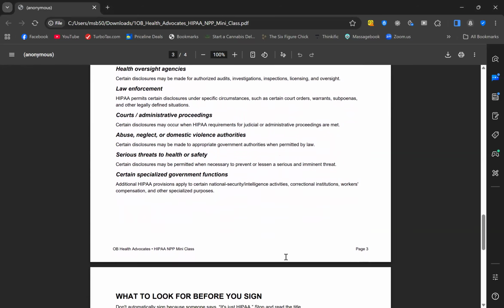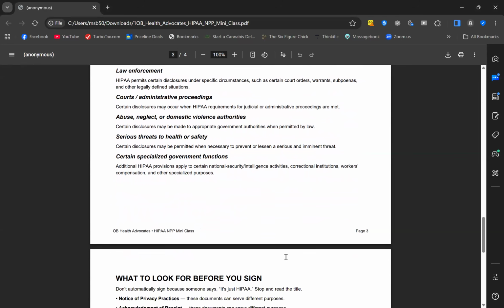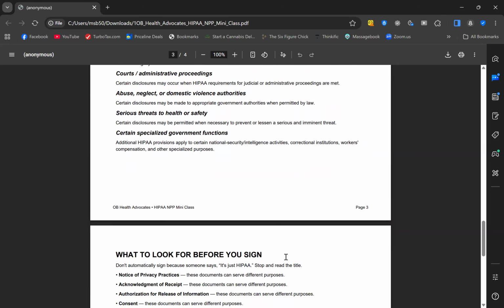Health oversight agencies. Certain disclosures may be made for authorized audits, investigations, inspections, licensing, and oversight agencies. Law enforcement. HIPAA permits certain disclosures under specific circumstances, such as court orders, a warrant, subpoenas, and other legally defined situations. Courts and administrative proceedings.